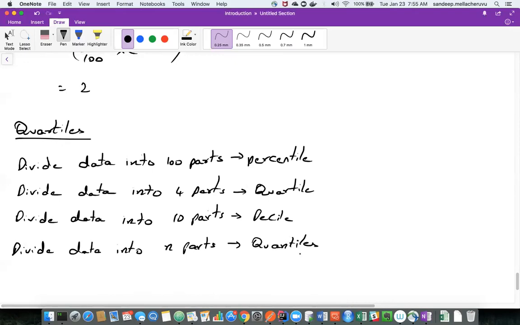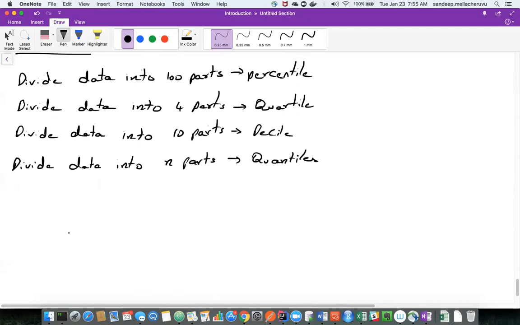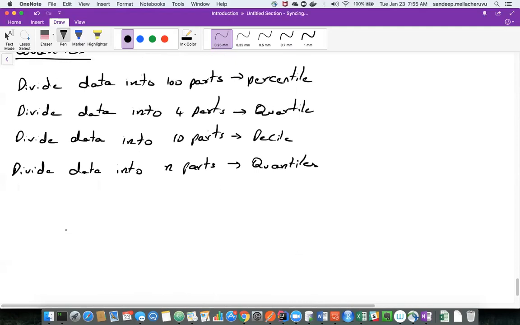Now how to do this? The formula here is n equal to p by k into n minus 1, where k is nothing but the number of parts to divide.